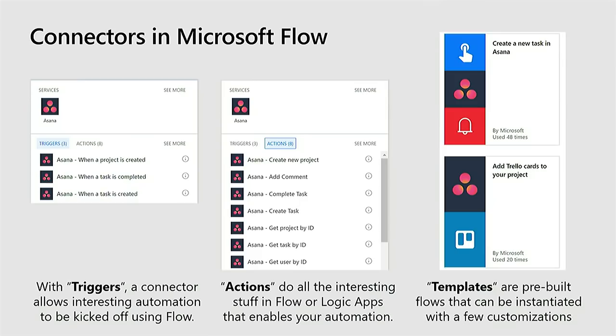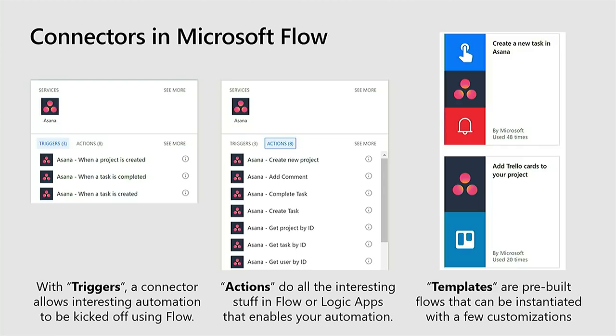And Flow, when you create a flow, allows you to automate your business process. Every step that you have in your business process flow is a connector. It's either a trigger, which is provided by some connector, or it is an action, which is provided by some connector.